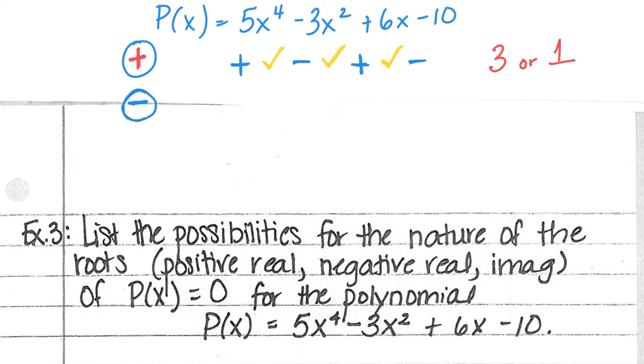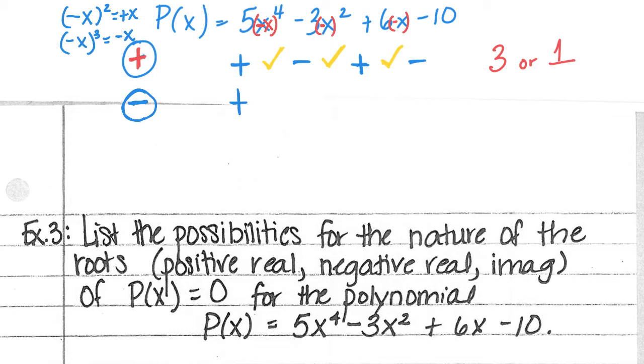Now remember when I put in a negative x and I square it, I get a positive. If I have a negative x to an odd power, the sign is going to change. So what that's saying is that I'm replacing all of these with a negative x. So I'm just going to throw those negatives in here. So notice now this 5 times negative x to the fourth power will still be positive.